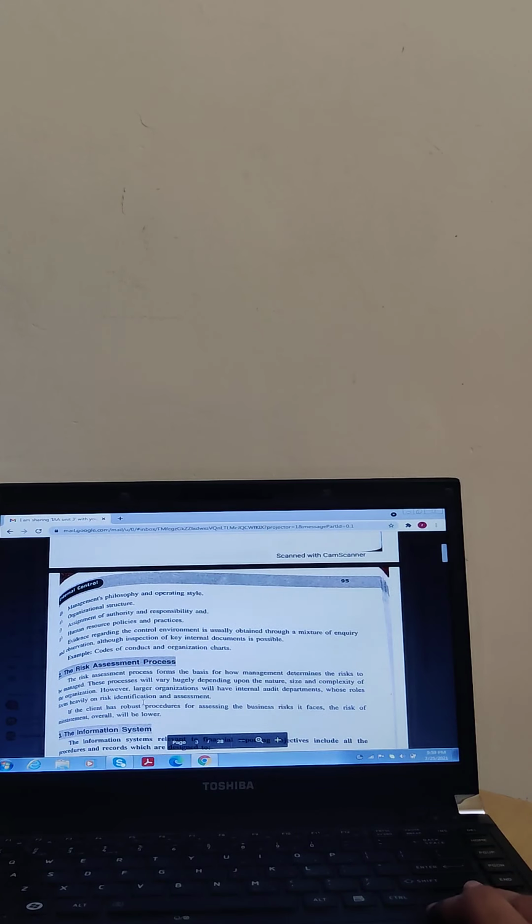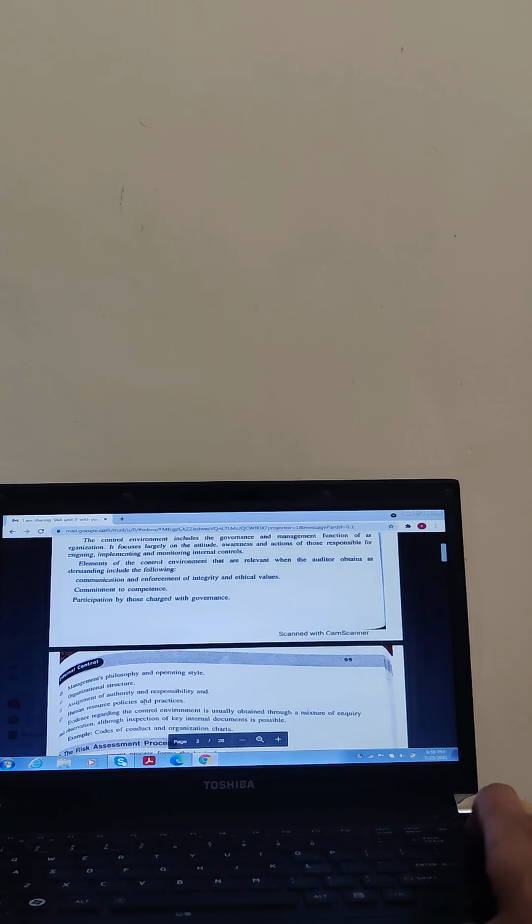It also includes management philosophy and operating style. Before identifying the control environment of the organization, you need to know the management's philosophy, the kind of leadership style prevailing in the organization, and its operating style.